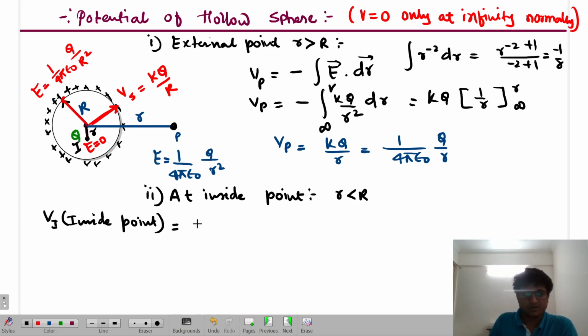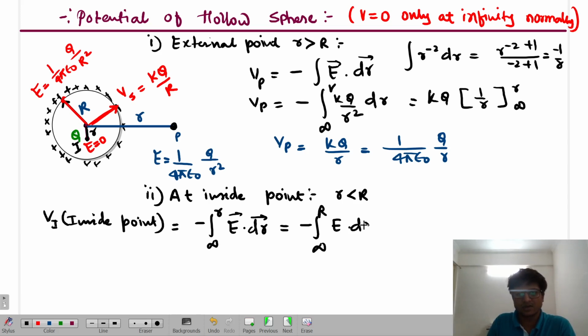So once again my calculation integral I should apply from infinity to inside point which is small r at I, E dot dr, but there are two electric fields, isn't it? So the integration should be taken in two parts. First I should come from infinity to surface and simply E dot dr, which is for outside, and then minus E dot dr from R to center. Are you able to get me or not? Got it?